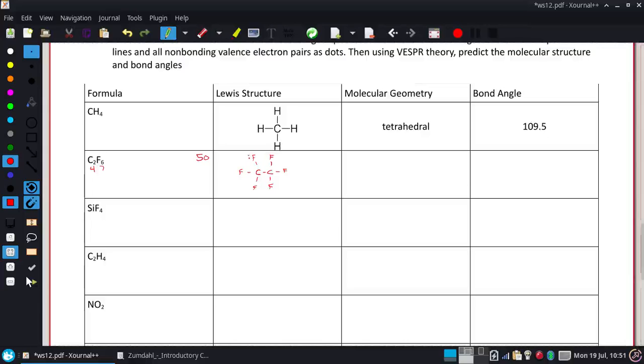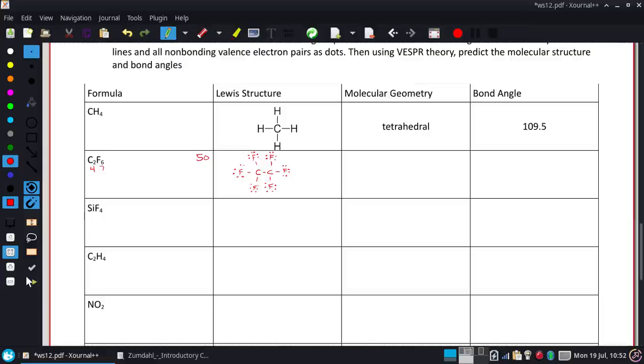And I'll just go around here and put electrons around each of those fluorines to make them happy. And that's all my electrons. All right, so I have a nice Lewis structure here.